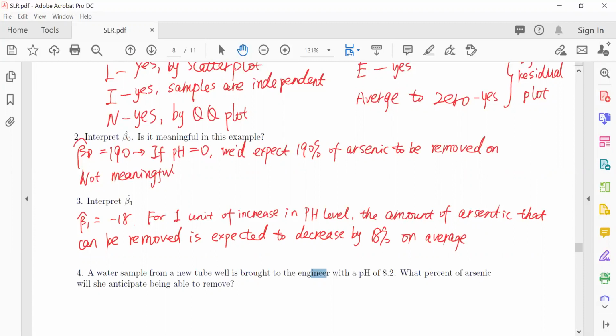So this one should be on average too, because they are talking about the mean of the y.